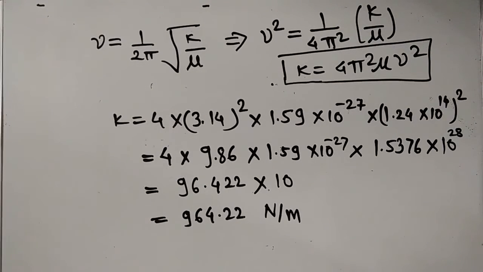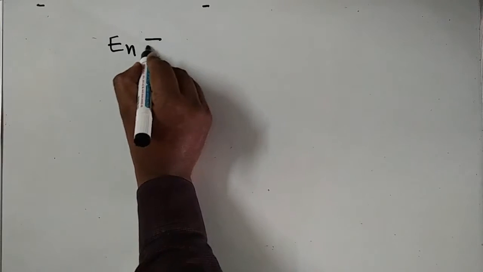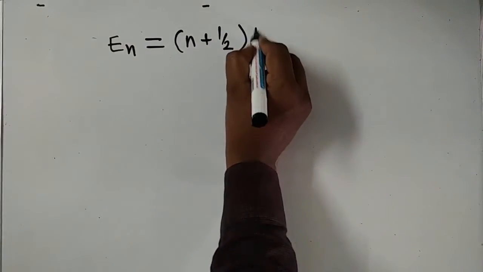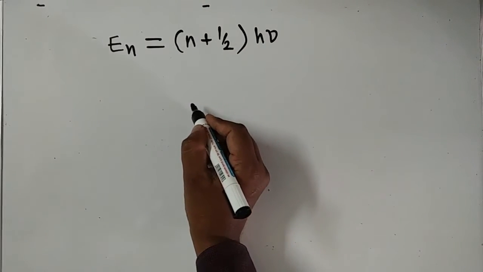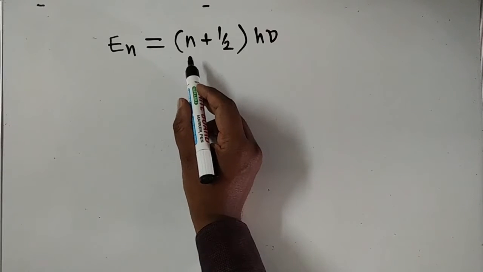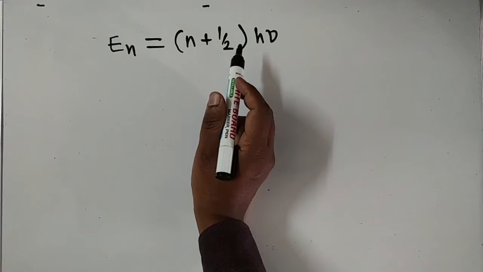Now let us calculate the energies of ground state and excited state, right? So we know the vibrational energy of the diatomic molecule is given by, so vibrational energy, it is quantized, and therefore we can write En is equal to (n plus half) h nu, right? So here this n is an integer, so it can take values from 0, 1, 2, 3 up to infinity, right?